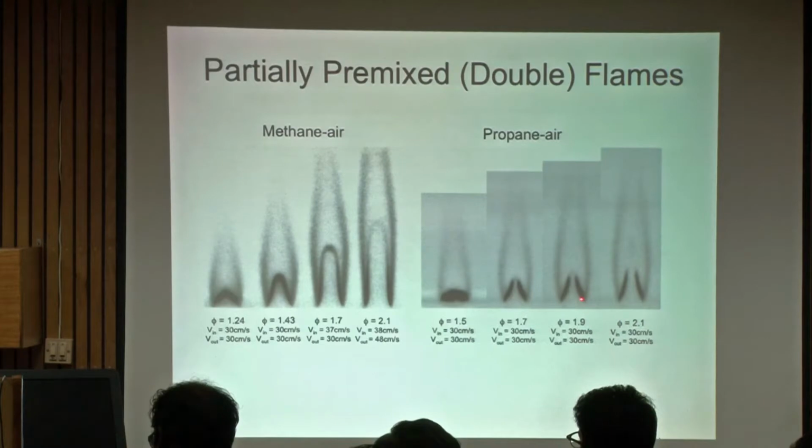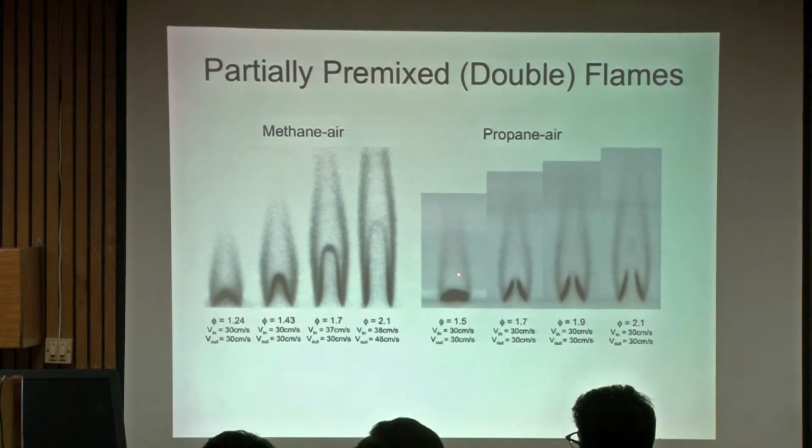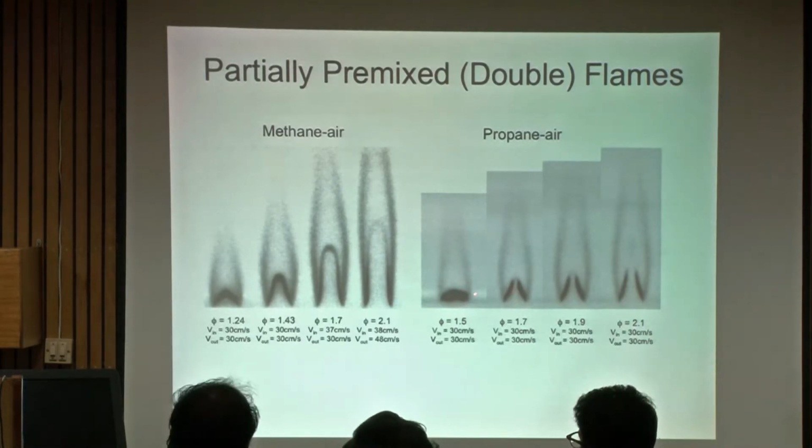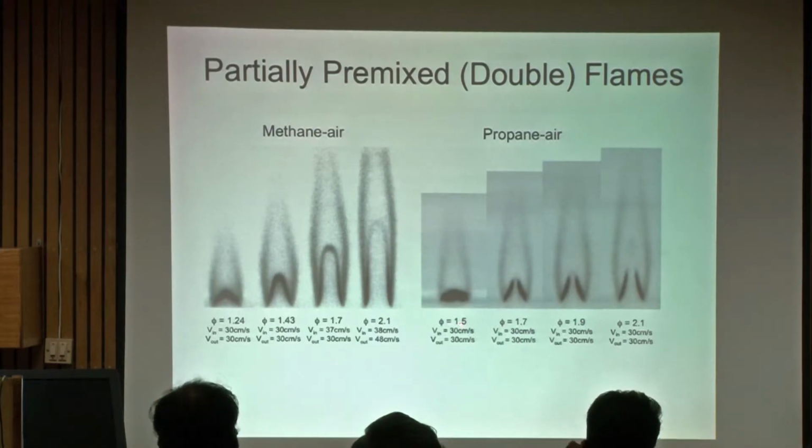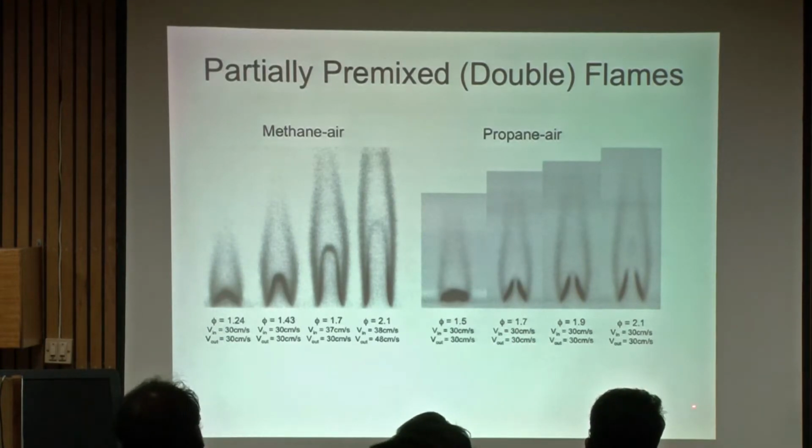So what you see is that as you keep decreasing phi, most of the burning takes place in the premix flame, with relatively much less burning in the diffusion flame. Eventually the diffusion flame disappears.